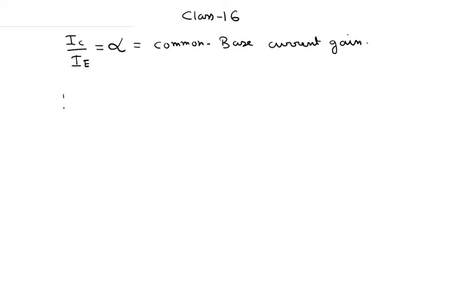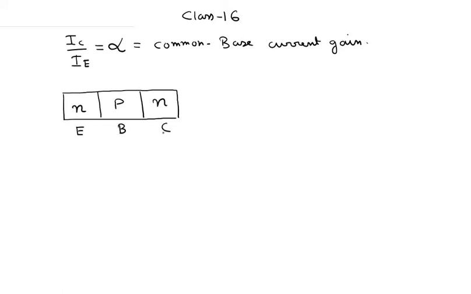So we have discussed the NPN transistor the last day. An NPN transistor has two PN junctions. One is the base to emitter junction and another is the base to collector junction. This is the emitter, this is the base, this is the collector.